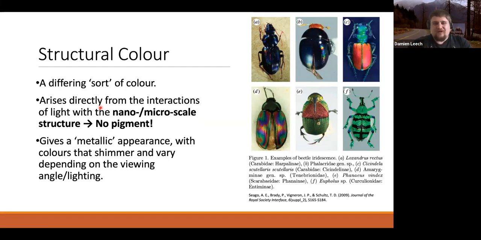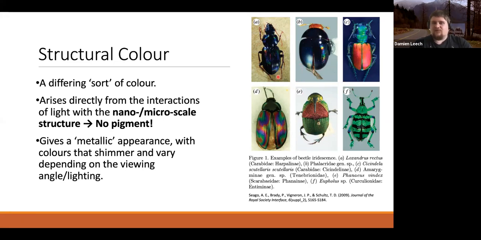We'll talk about what all this means a bit more closely, but to spot it, what you need to look for is a metallic appearance, colors that shimmer and vary depending on the angles you're looking at them from. These are the most common factors that tell you whether structural color is happening. And it happens really commonly in nature, far more commonly than in anything man-made. These are just a handful of really exotic examples. All of these use some strange version of structural color in order to get these effects.